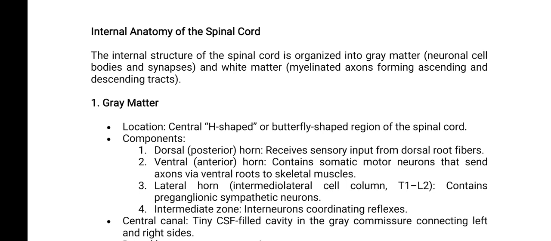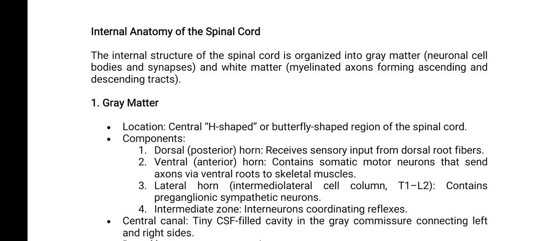Then we have the lateral horn, which contains preganglionic sympathetic neurons. The intermediate zone is made up of interneurons that coordinate reflexes. It links the motor neurons to the sensory neurons.